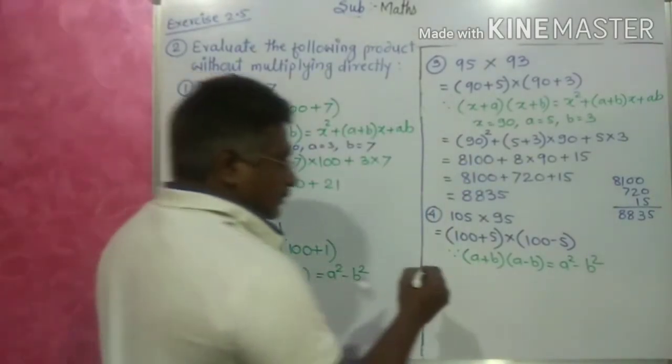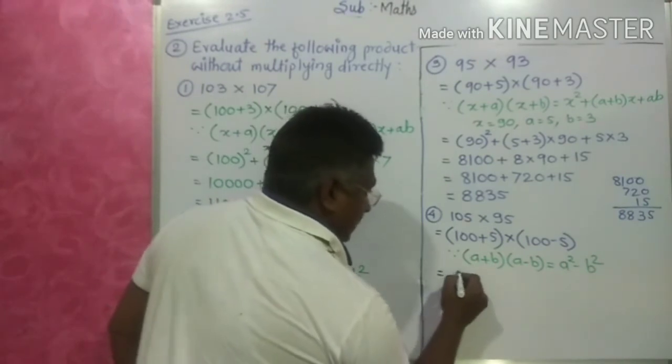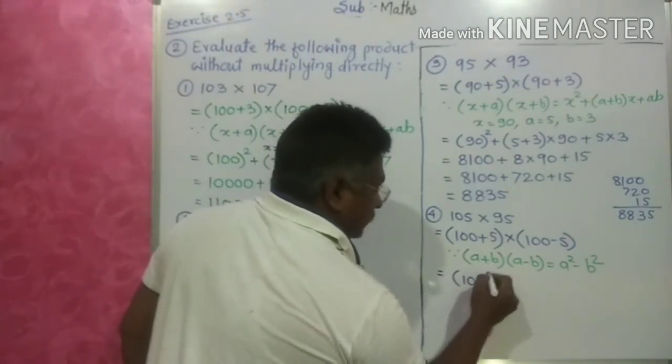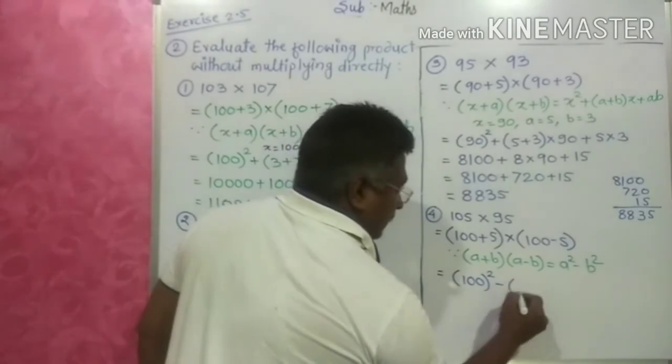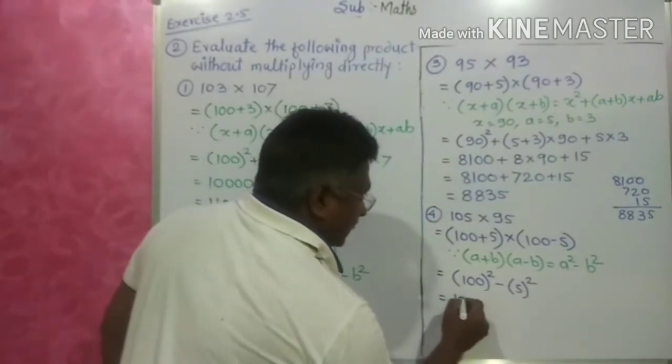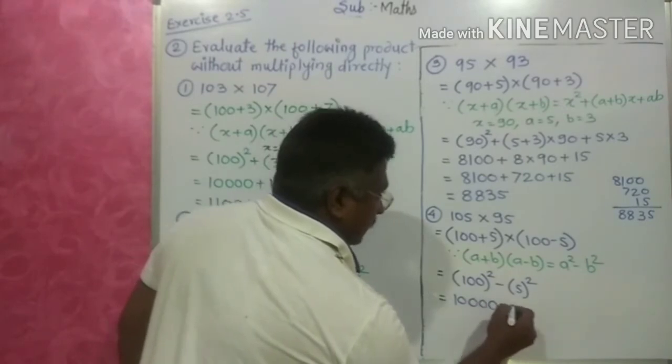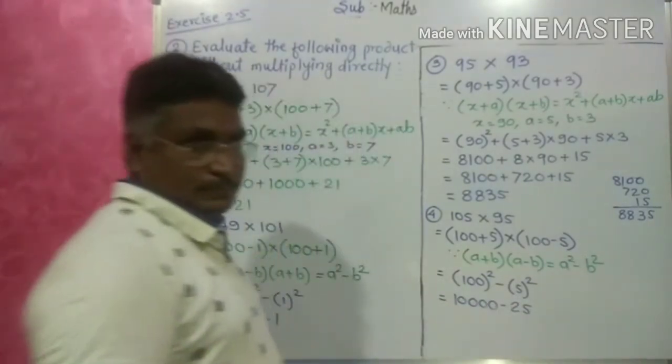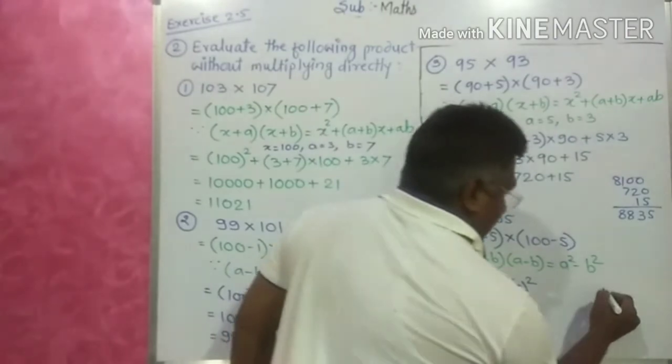So substitute the values. a square means 100 square minus b square means 5 square. So what will we get? 10,000 minus 25. So 10,000 minus 25.